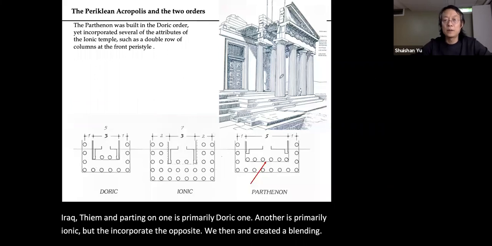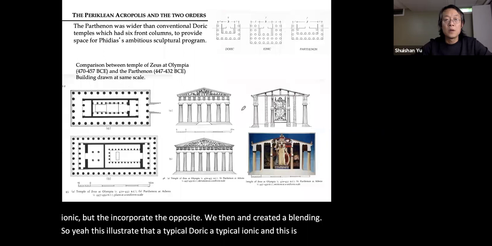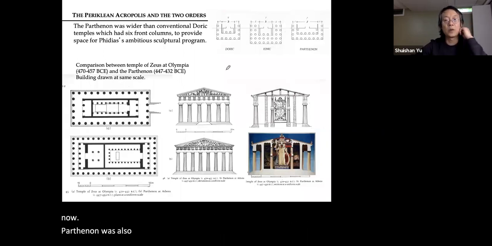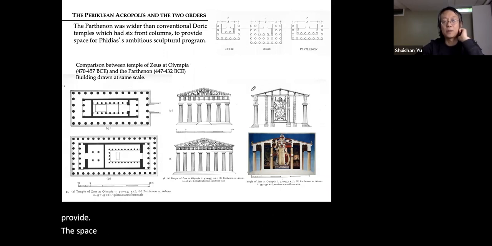So this illustrates a typical Doric, a typical Ionic, and this is the Parthenon. The Parthenon was also wider than a conventional Doric temple, which has 6 front columns, but here it has 8. The Parthenon is much wider to provide the space for Phidias' ambitious sculptural program.